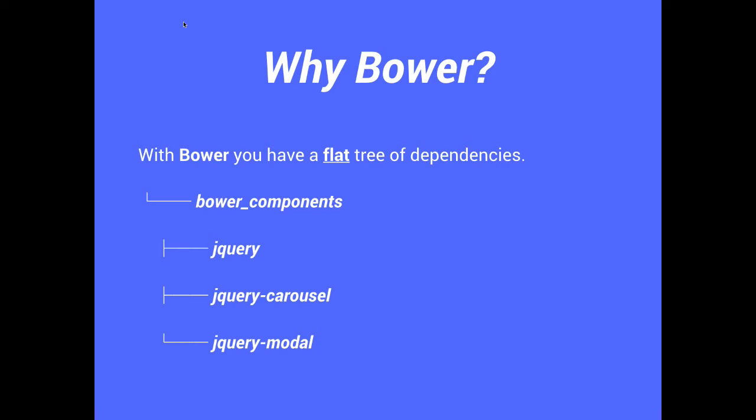It's going to ask you, hey, there's a conflict of versions, which one do you want to use? You tell it which one, and then you have this. So you're never going to have two different versions of the same library in your dependencies. This is really important for the browser environment, not only for performance, but because it's not going to work if you have two versions on the same page. So this is why we're using Bower.